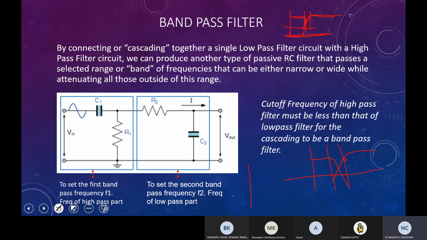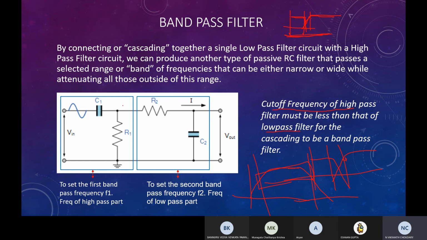If the cutoff frequency for a high pass filter is lower, then it will allow all these things. And if the cutoff frequency of the low pass filter is more than that, then it will stop all these things. So finally we will get only this band of frequency passing through the filter. So for a band pass filter, the cutoff frequency of the high pass filter must always be less than the cutoff frequency of the low pass filter.